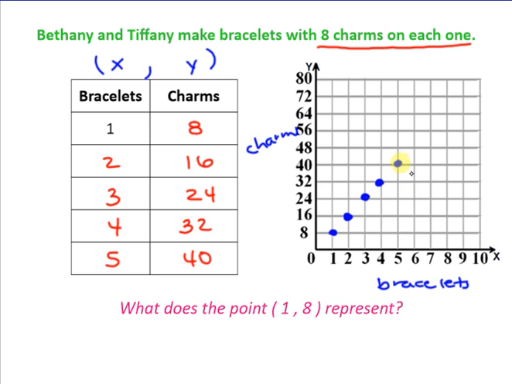We're going to make sure we put a line through it. And our question is, what does the point 1, 8 represent? So what is this point right here representing? Well, it's representing that one bracelet has 8 charms.